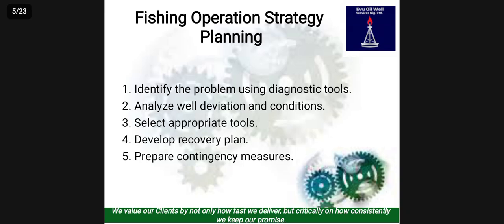Select the right tool. Draft a recovery plan on paper. If you have an idea and you can't put it on paper, just forget it, you've got no idea. So have that mentality or the habit of putting your plans on paper. Prepare a plan B or sometimes a plan C. There is this golden rule: the best fishers think twice, deeply, and jar once.